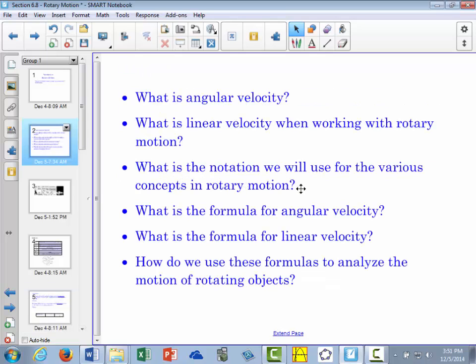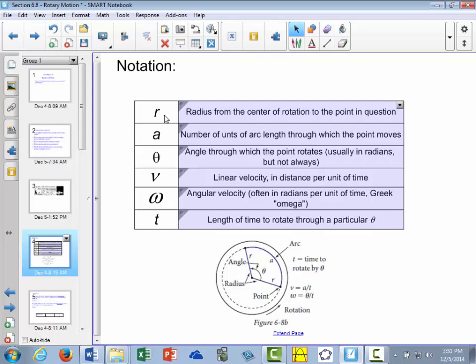How about the notation we will use for these various concepts that we need to discuss rotary motion? Well, we will use R to describe the radius, A to describe the arc length, theta for the angle through which the point rotates, V for linear velocity, lowercase omega, looks like a W, for the angular velocity, and T for time.